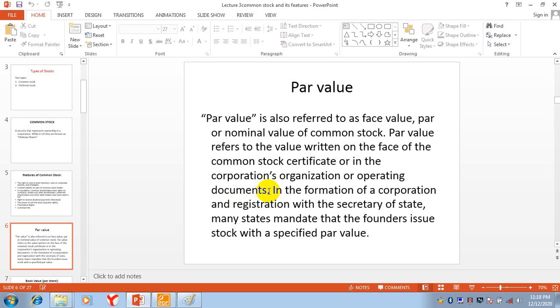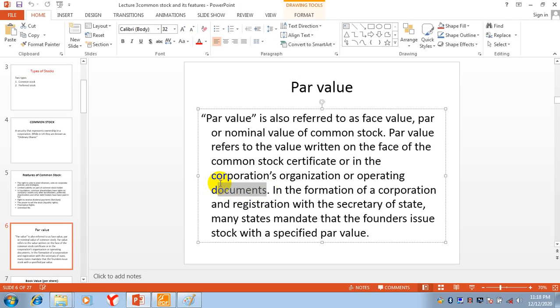The value which is mentioned in the operating documents of the company, or which is written on the face of the share certificate. In the formation of a corporation and registration with the Secretary of State, many states mandate that the founders issue stock with a specified face value.